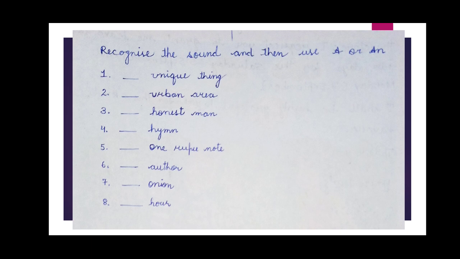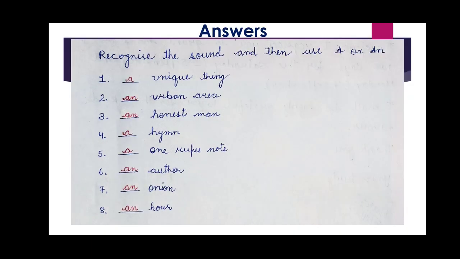And now if you have already thought about your answers, check your answers here, which are: a unique thing, a unique, y sound. So that is why a will come. Next was urban. So it would be an urban area, vowel sound. Number 3, an honest man, honest. So again vowel sound.